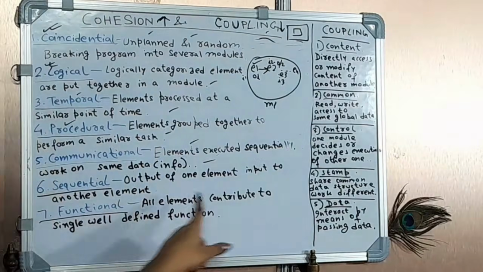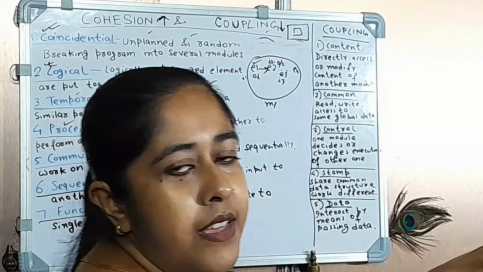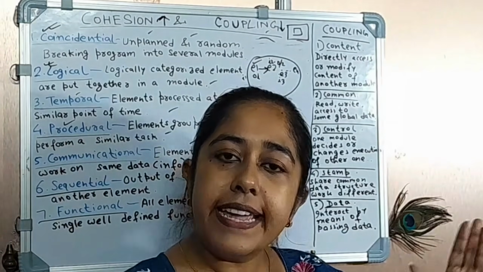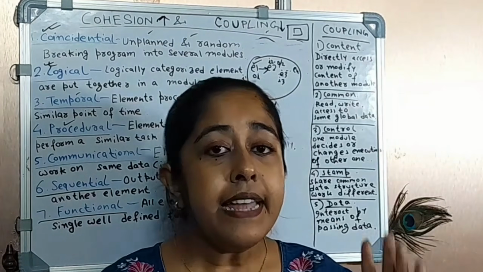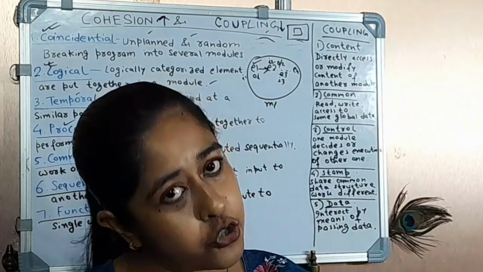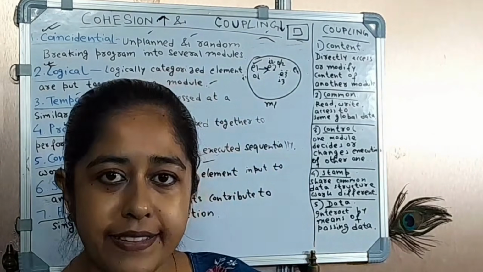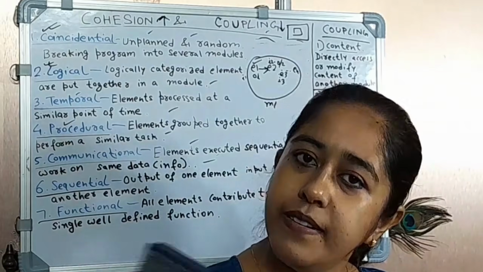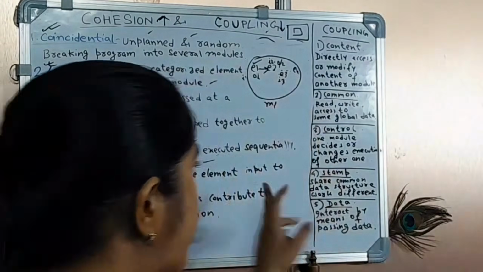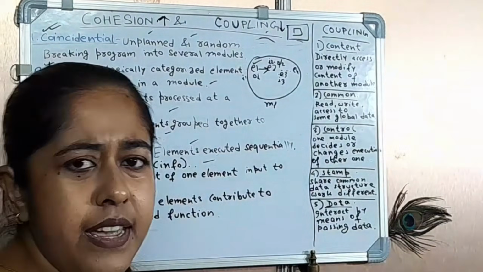So here we have to see the sequence of our input and output. If we are working on two elements, the input of one element should be the output of another element. So it will be in a sequential logic. Then this kind of cohesion is known as sequential cohesion. It is easy.